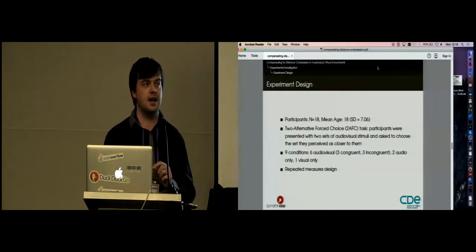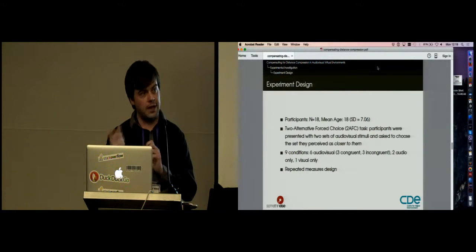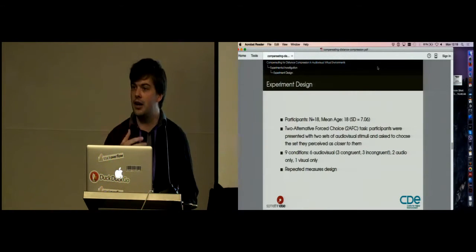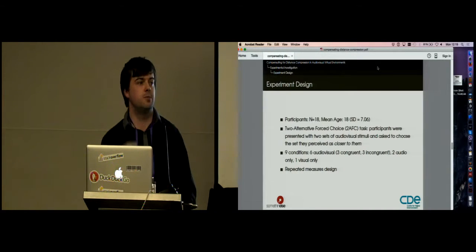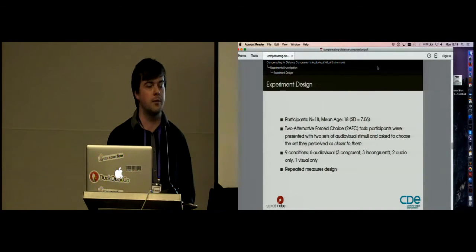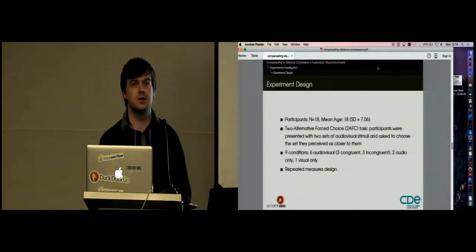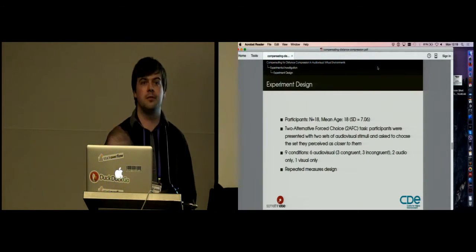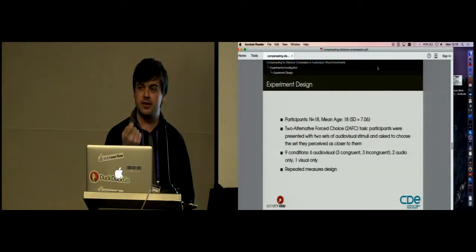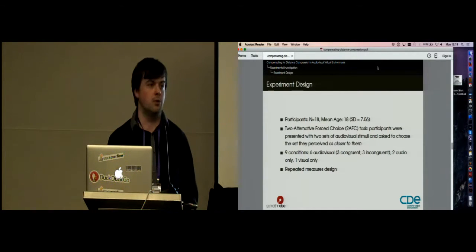In certain conditions we manipulated the incongruency of the audio and visual components. In some conditions both were the same, so we applied no incongruent compensation. In other conditions, the audio was pushed back with respect to the visual. That resulted in 9 conditions: 6 audiovisual, in which we modified the noise level in the visual signal, 3 congruent and 3 incongruent, then 2 audio only, and a visual only for control comparison.